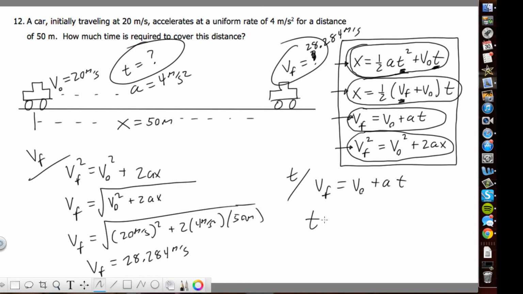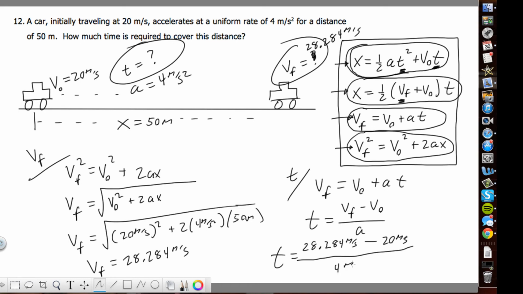Doing the algebra first, you're going to get t equals V final minus V initial over A. So now plug numbers in. 28.284 minus 20 divided by the acceleration, which is 4. So 8.284 divided by 4. So the whole thing took 2.07 seconds, which is the answer.